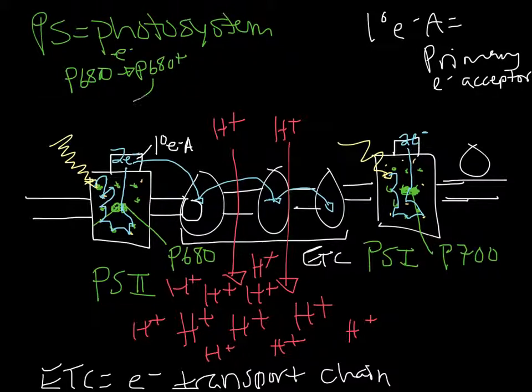Now it needs to gain the electrons back in order to be refilled so that it can bounce the electrons out of the orbital again and keep this going. So where do we get the electrons to refill P680 plus? P680 plus is like a black hole for electrons. It's very, very electronegative, and so it can capture electrons from molecules very well.